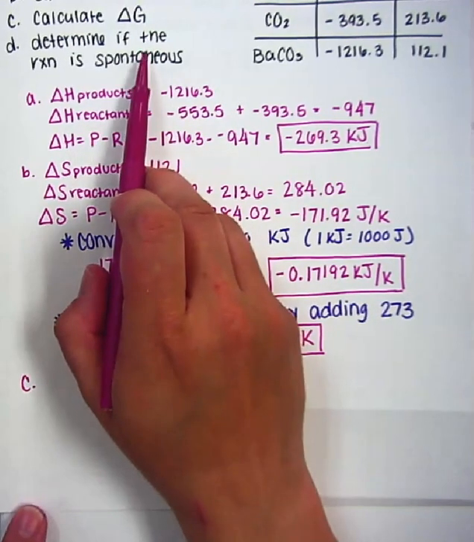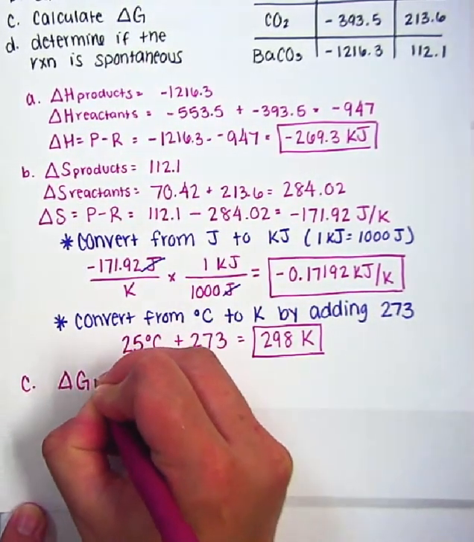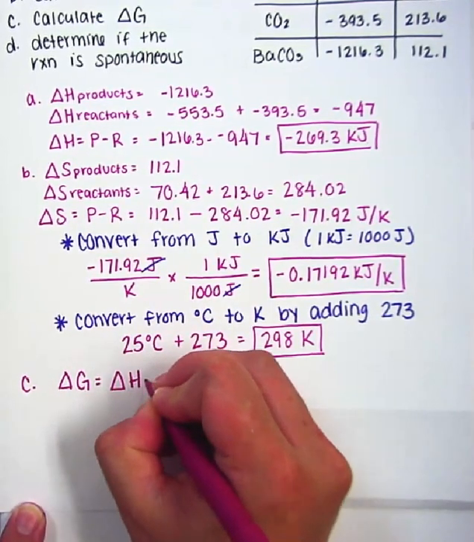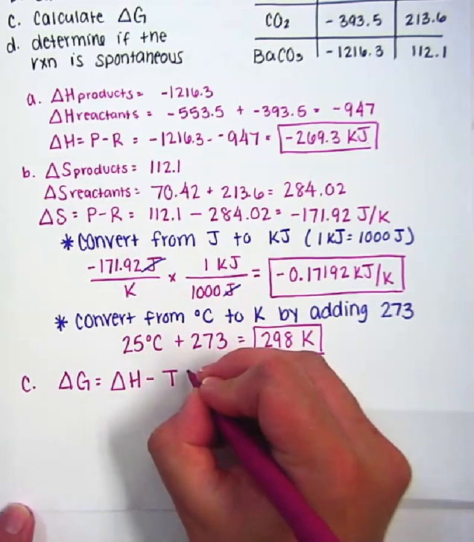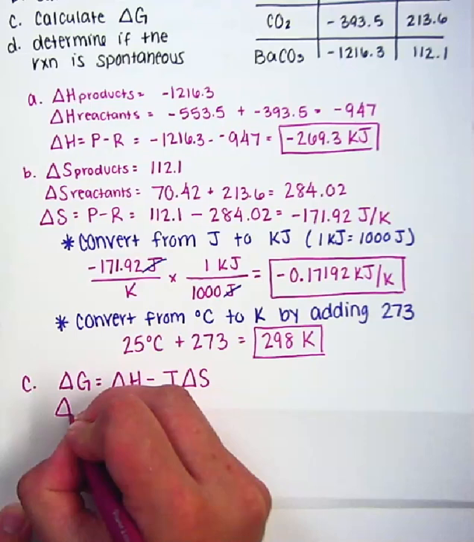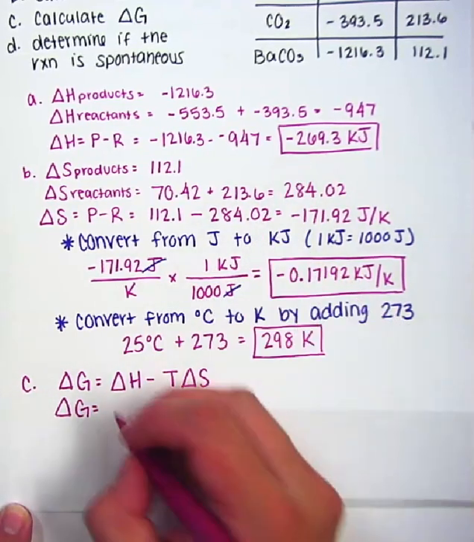C, we're going to calculate Gibbs free energy. Our equation, delta G is equal to delta H minus T times delta S. Let's plug in what we know.